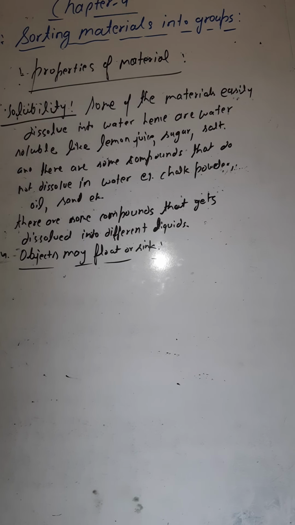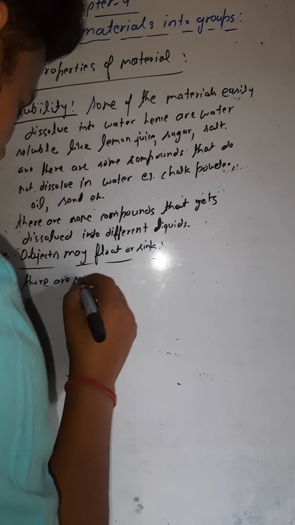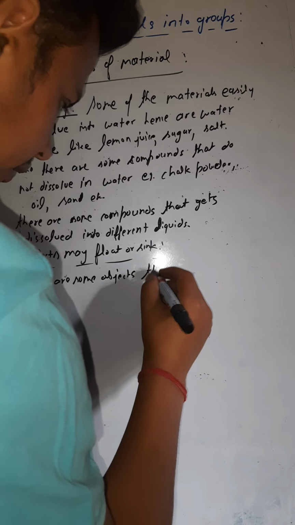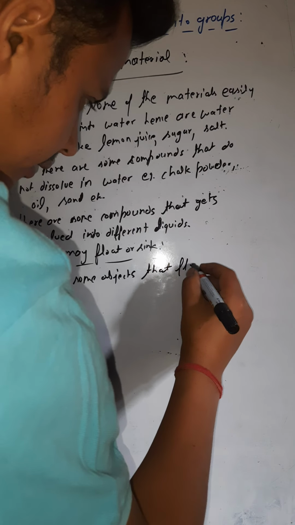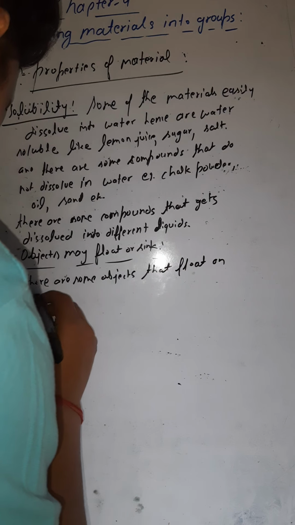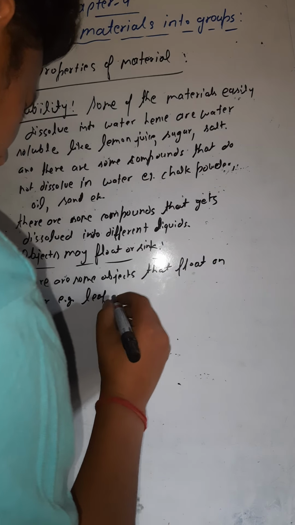There are some objects that float on water. For example, you have a leaf.